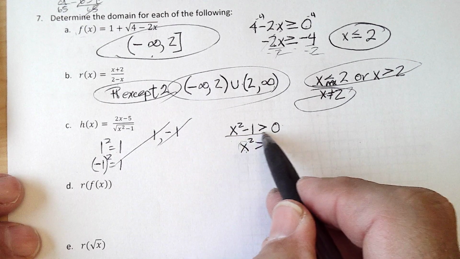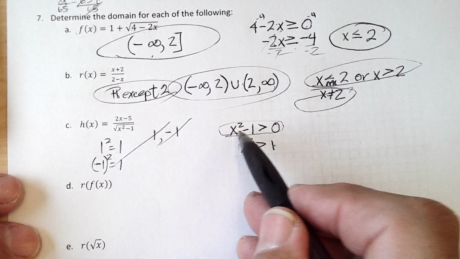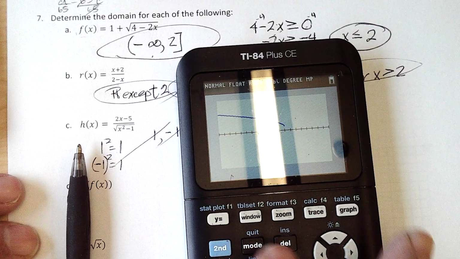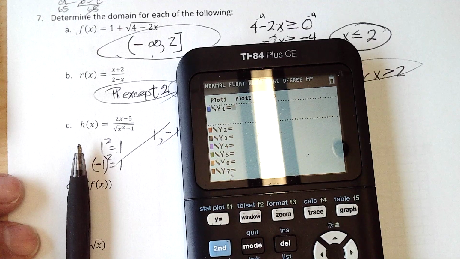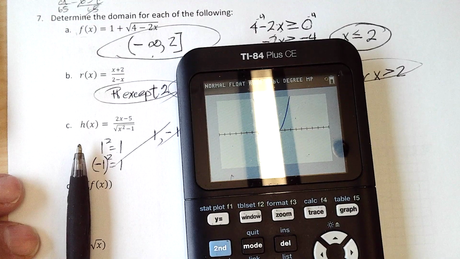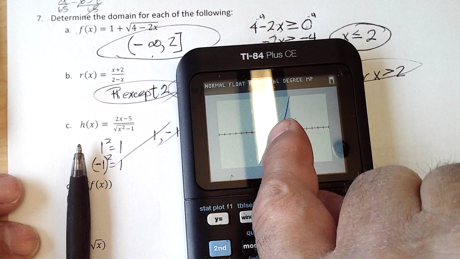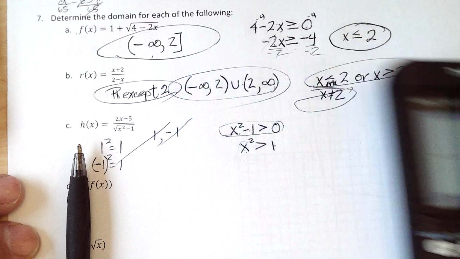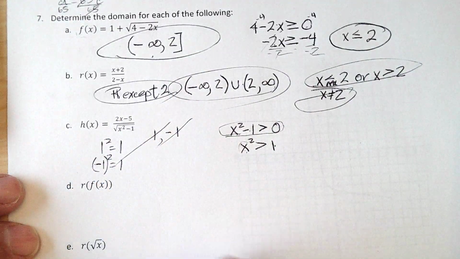Another way to look at this is look at the x squared minus 1. It's negative between negative 1 and 1. And we can't have a negative. Can't do the square roots of negatives.